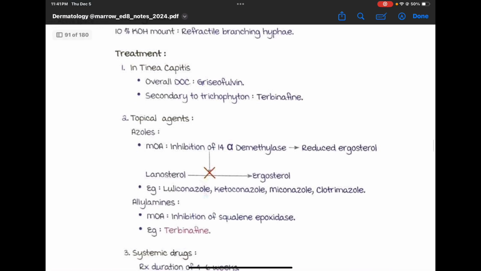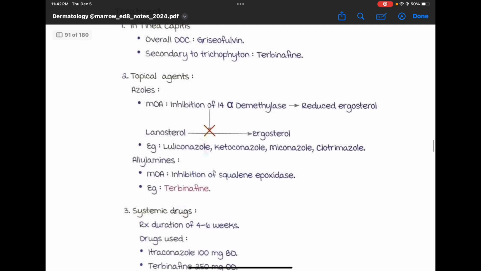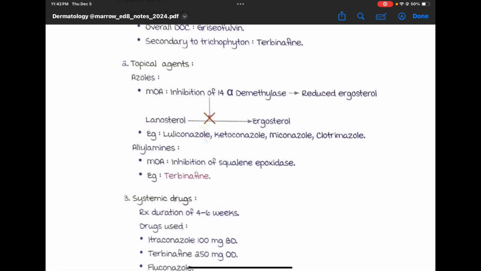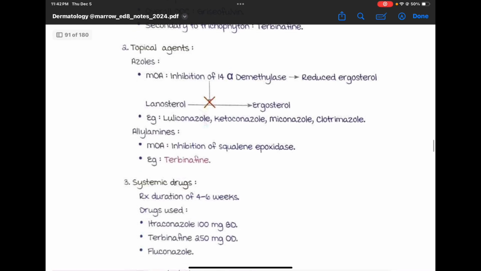Treatment in tinea capitis: overall drug of choice is griseofulvin, secondary to Trichophyton, terbinafine. Topical agents, azoles. Mechanism of action: inhibition of 14 alpha demethylase, reduced ergosterol. Lanosterol does not change to ergosterol.